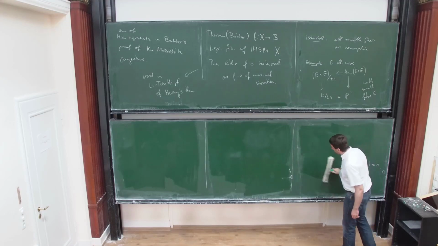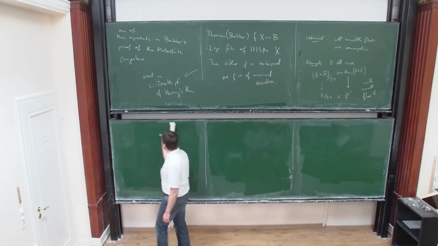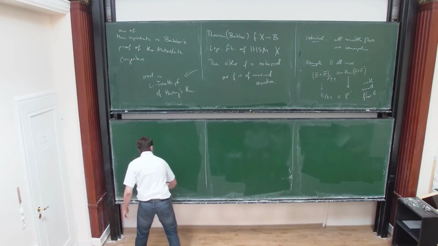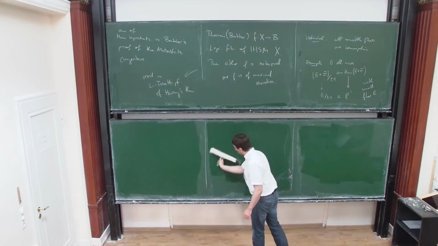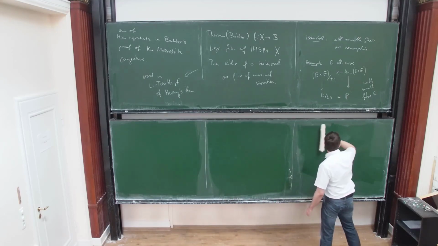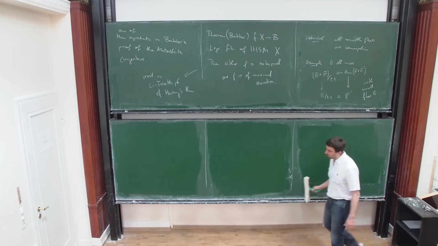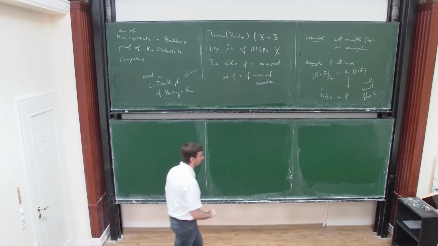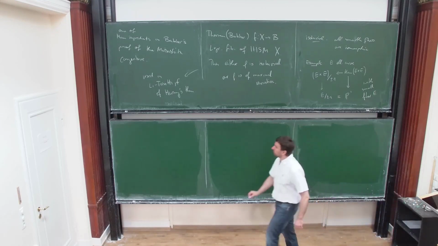Yeah, maximal variation is the opposite. So there are as many as possible moduli of abelian varieties in your Lagrangian fibration. So maximal variation is this.